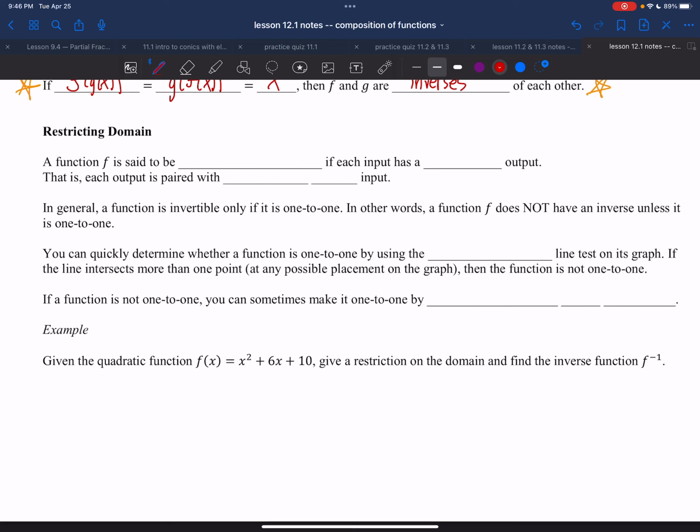But I am a little sad, a little disappointed that I just didn't find time this year to really talk about restricting the domain. This is going to be so incredibly important in pre-calculus and calculus too, but specifically pre-calc, because that's where you're really going to develop this skill, understanding what restricting domain means, why we have to do it, and how it works with inverse functions.